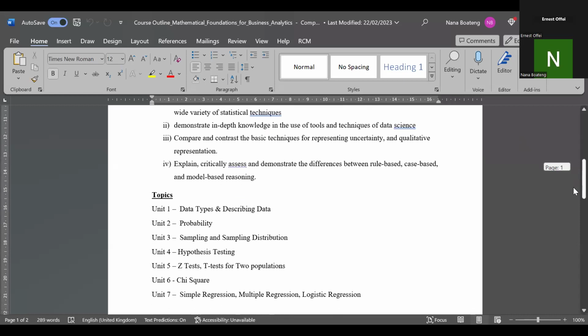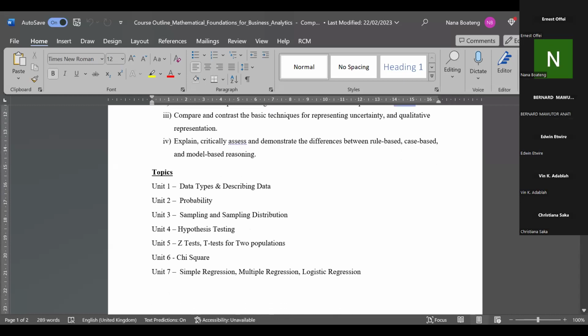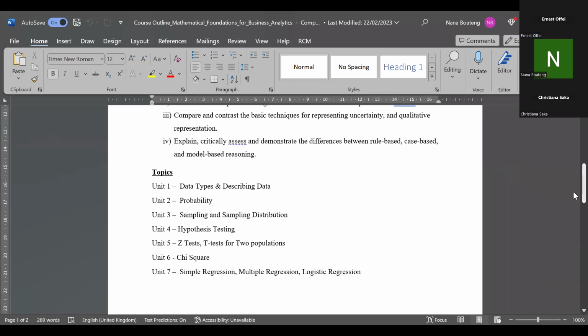Okay. So these are the topics we'll be having a look at. So today we'll be having a look at data types, describing data, right? Probability, we'll touch on probability, sampling distribution, hypothesis testing, z-tests, t-tests, and for two populations.